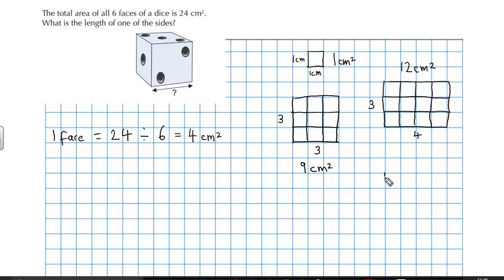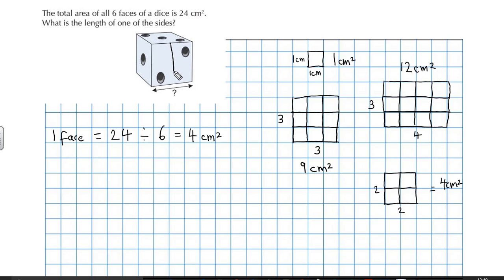So if I do 1, 2, 1, 2, I've now got a 2 centimeters square here. 2 times 2 equals 4 centimeters squared. Let's just check that. 1, 2, 3, 4. That makes sense.